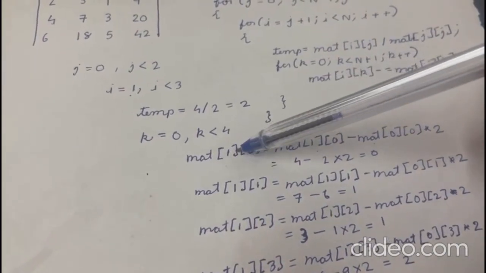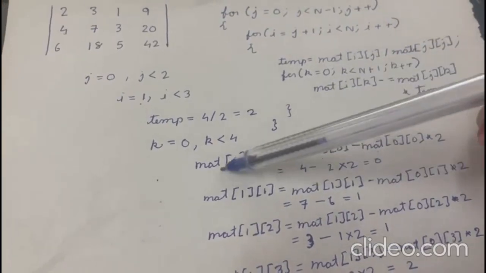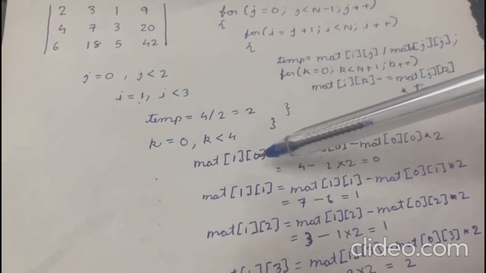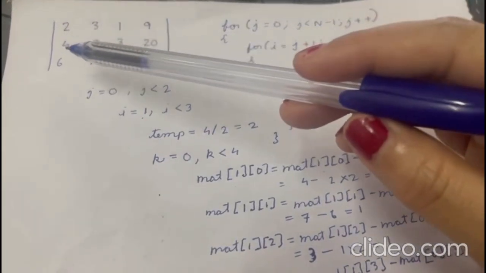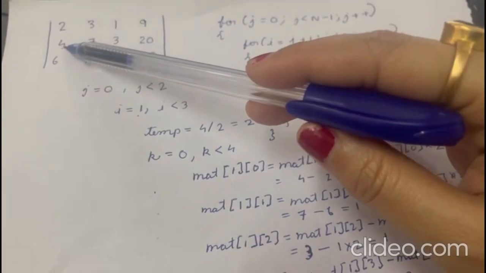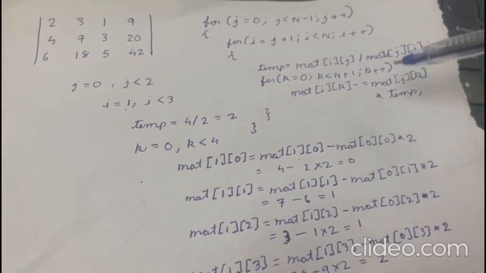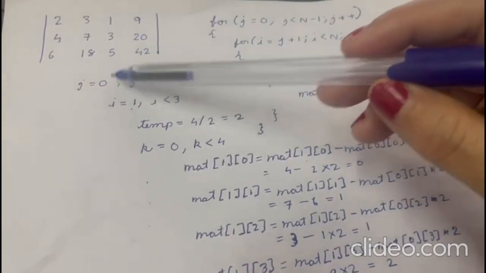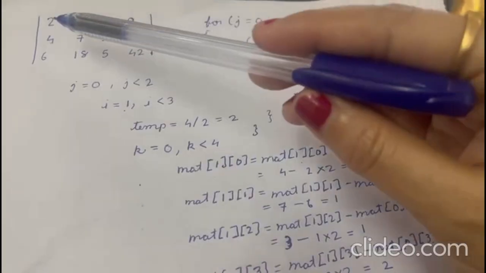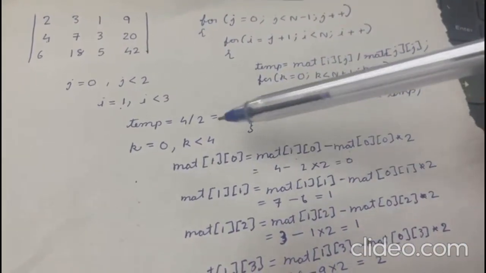What is mat of i k? i value is 1 and k value is 0, so it is row 1, column 0. So this is 4. So 4 minus mat of j j, mat of 0, 0 is 2, so 2 into temp value. Temp value is how much we got?